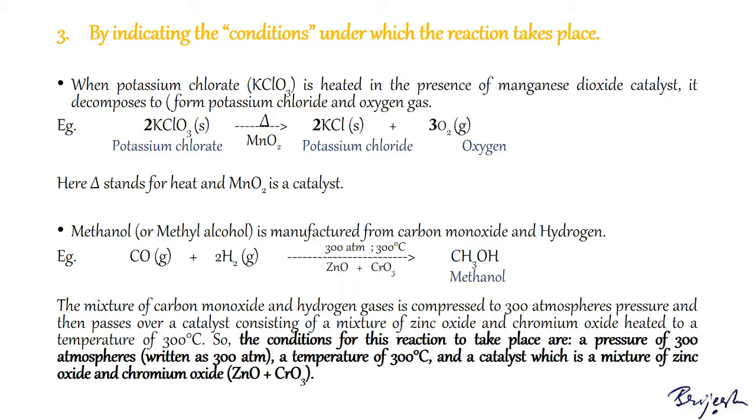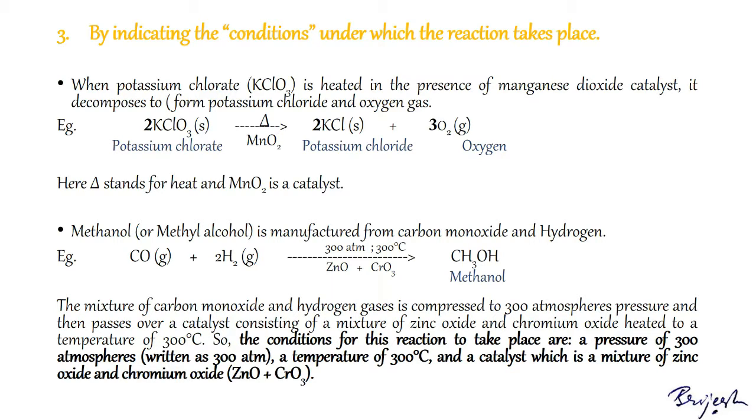Methanol, that is methyl alcohol, is manufactured from carbon monoxide and hydrogen. The mixture of carbon monoxide and hydrogen gases is compressed to 300 atmospheres pressure and then passed over a catalyst consisting of a mixture of zinc oxide and chromium oxide, heated to a temperature of 300 degrees centigrade.